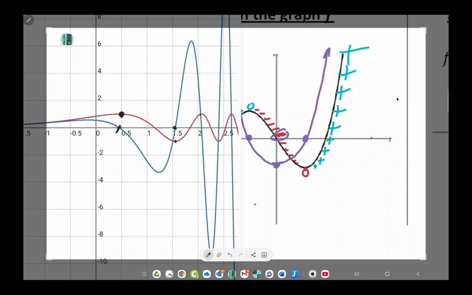Again, max, cross, min, cross, max, cross, min. Right about here is where I have a point of inflection, so that's where my derivative will have a horizontal line. Same thing here, I have a point of inflection. So yeah, there's all your stuff.